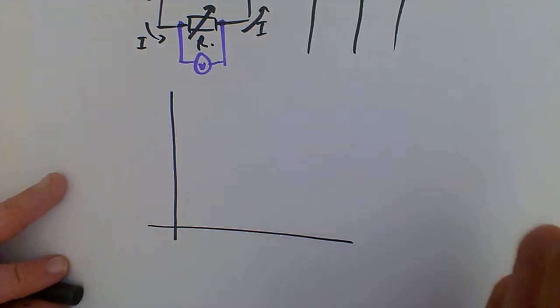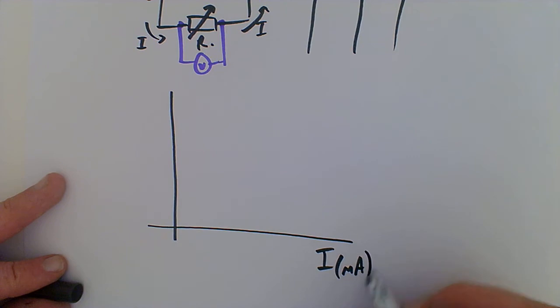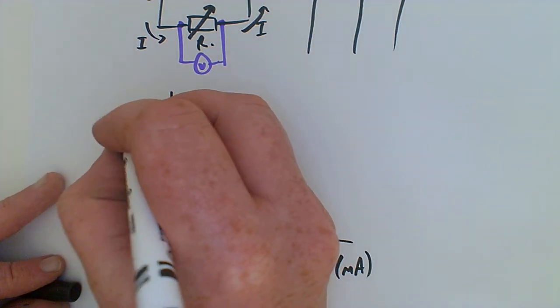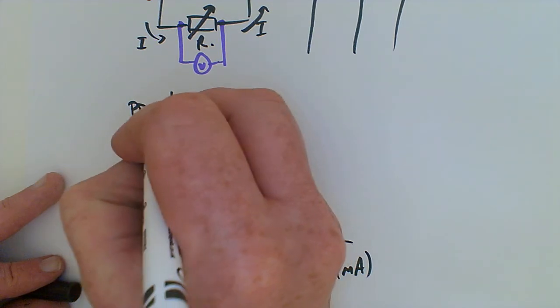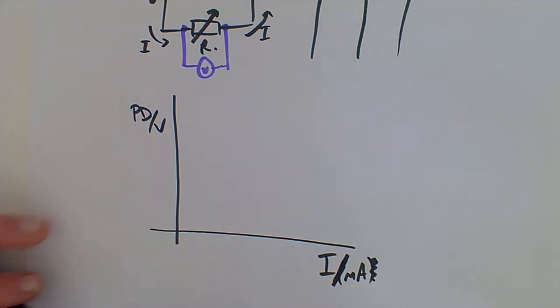So I'm just going to put arbitrary values in, nothing of any value. We'll call that I, maybe milliamps or amps, it doesn't particularly matter. And we've got the terminal PD up here in volts. A bit naughty of me, sorry. Right, okay.